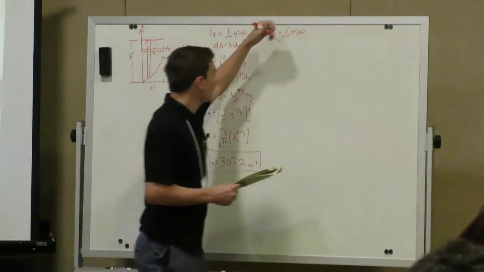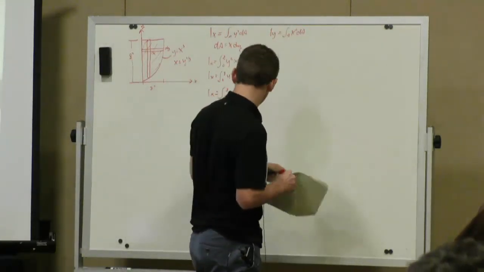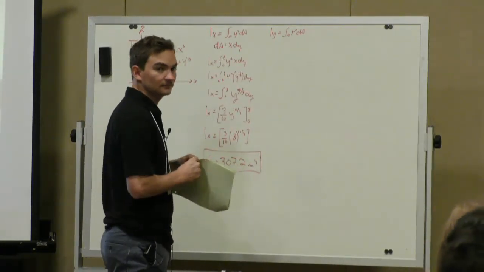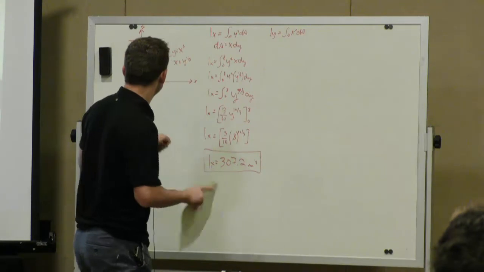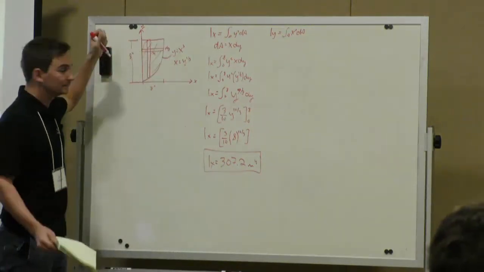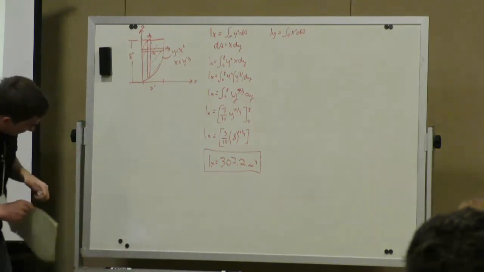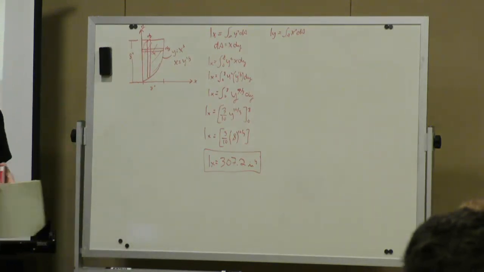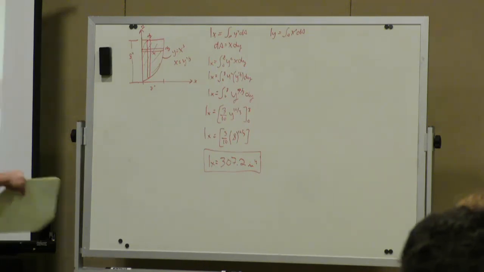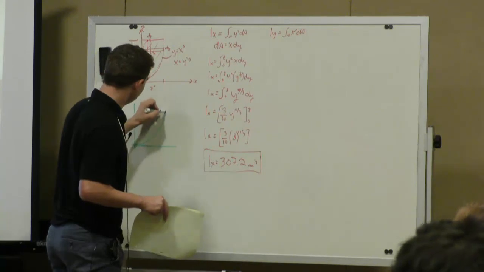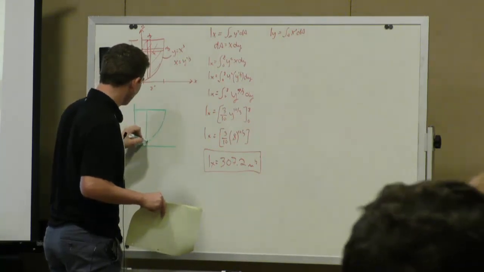So what is our new dA? What's that? So this is dy. Let me write this in a different color. I don't know where my green one went. Up here. So I'll redraw it down here. So we're taking a vertical bar.